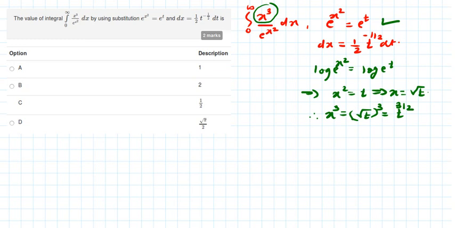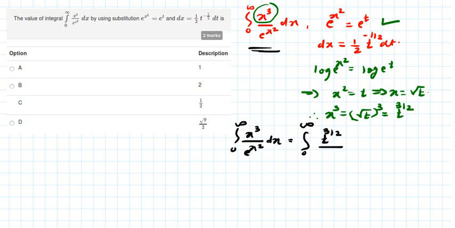Now using all the substitutions in the given integral, what we get is integration 0 to infinity x cube upon e raised to x square dx, this value equal to integration 0 to infinity. We calculated x cube is t raised to 3 by 2 upon e raised to x square, which is e raised to t, into dx, and dx is given as 1 by 2 t raised to minus half dt.